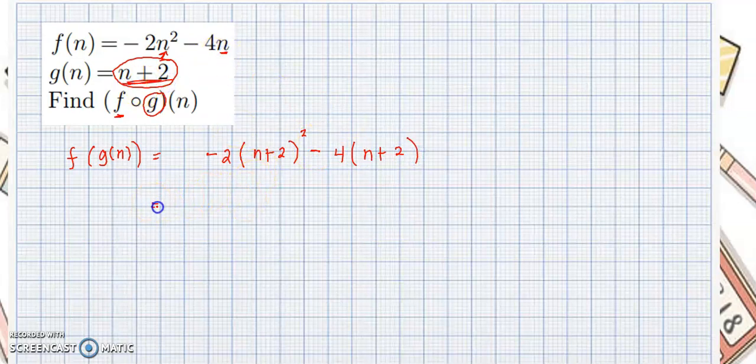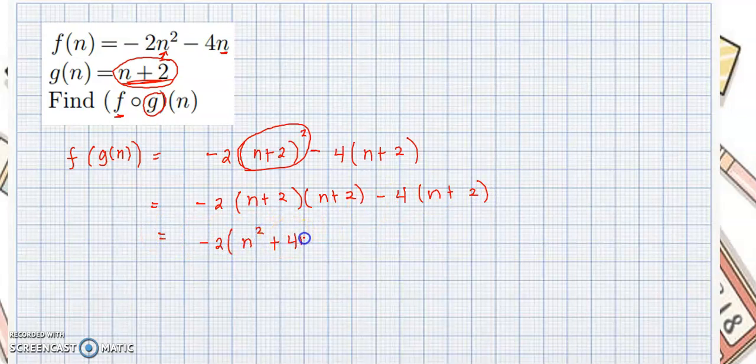So let's simplify. This would be -2 times n plus 2 times n plus 2, we squared n plus 2 here, minus 4 times n plus 2. So this would be -2 times n squared plus 4n plus 4. You can do the FOIL method. In here, this would be -4n minus 8.